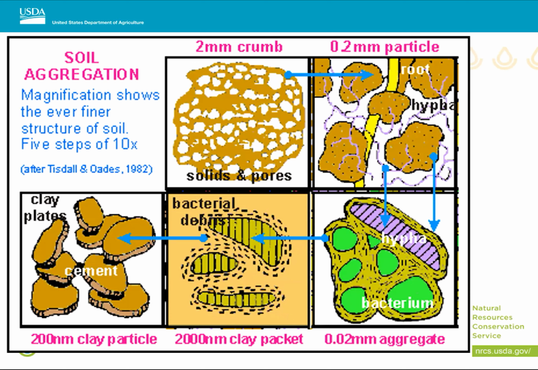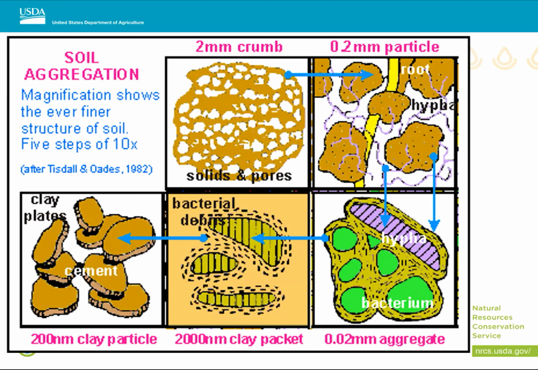So we start out, and these are in increasing order from the lower left-hand corner there, increasing by a factor of 10. We start out with the small clay platelets. The bacterial debris starts to build up around those. Eventually that forms into very, very small aggregates that contain those clay platelets, the bacterial debris around them, the hyphae or very fine roots that grow into those.